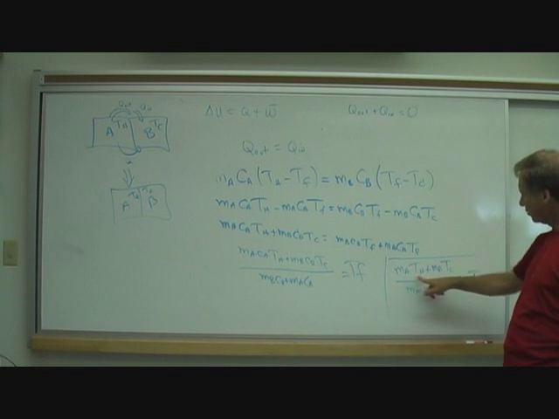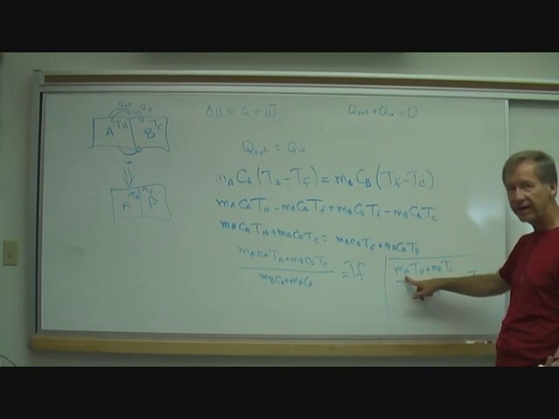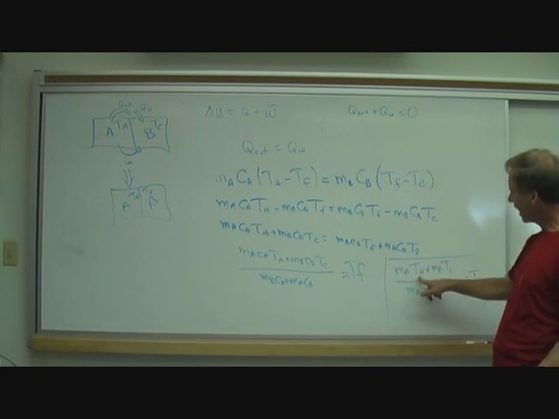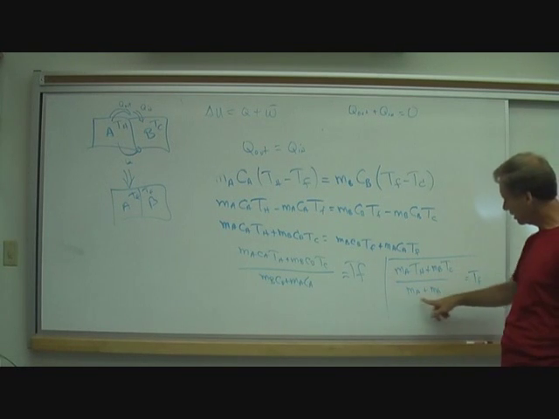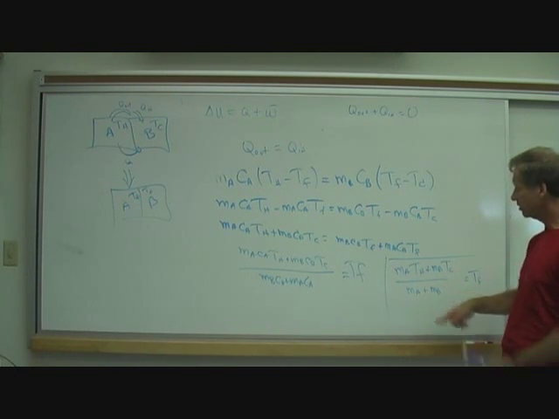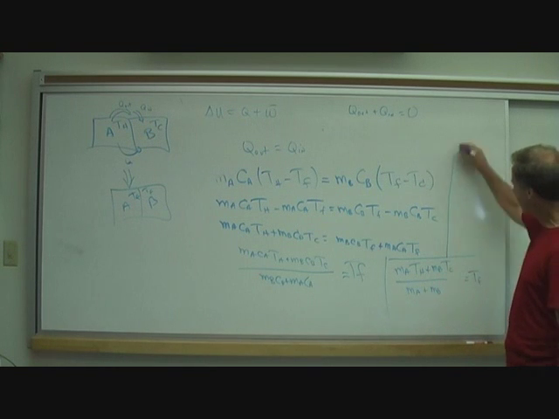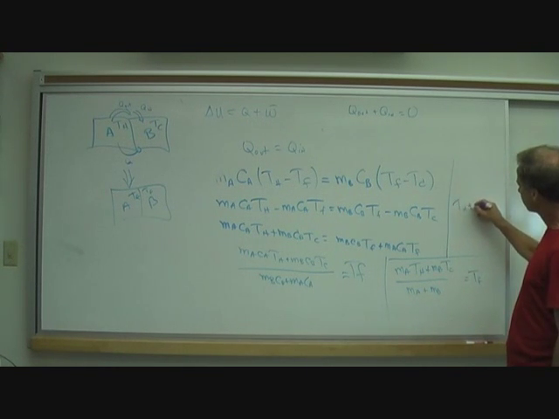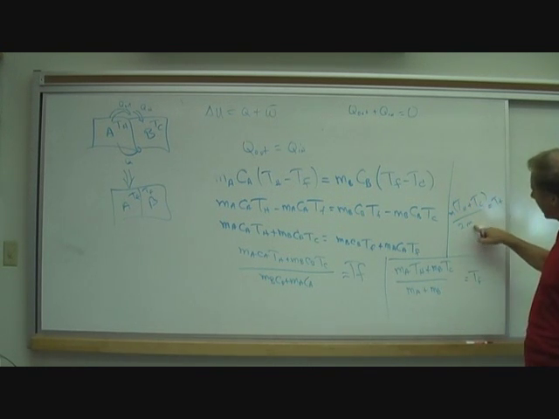Factor them out, just call it M. So factor M out, and look, here's two M's down here. So I will get, in that case, T_H plus T_C times M over 2M equals T_final. The M's cancel. They go away.